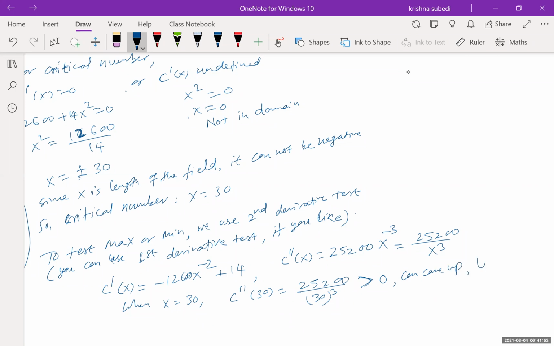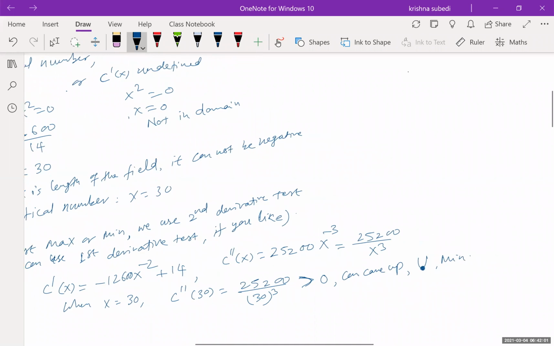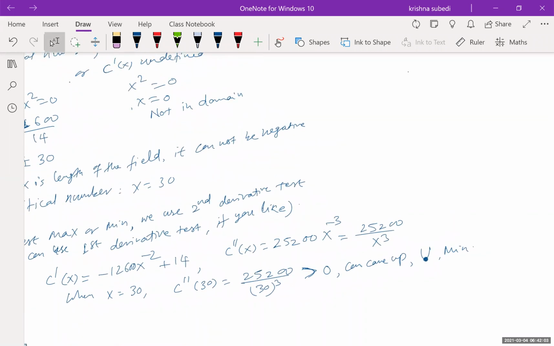That means the shape of the graph will be like this, concave up. So in this case, you have a minimum. And this will be your absolute minimum, because when there is only one critical number, the relative minimum and absolute minimum will be the same.